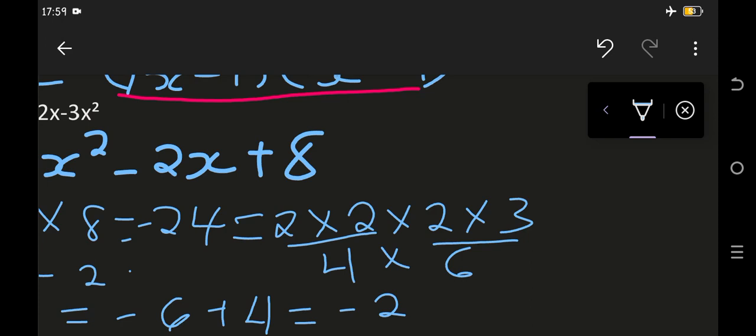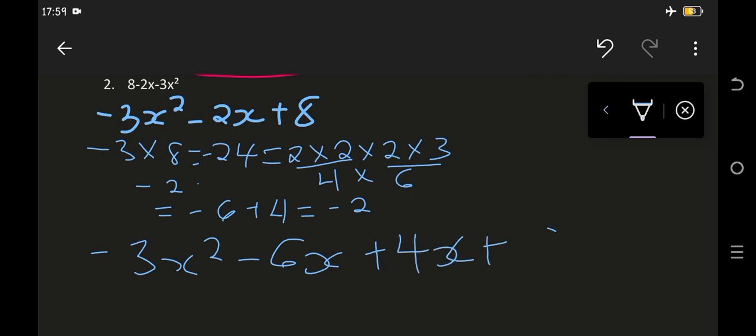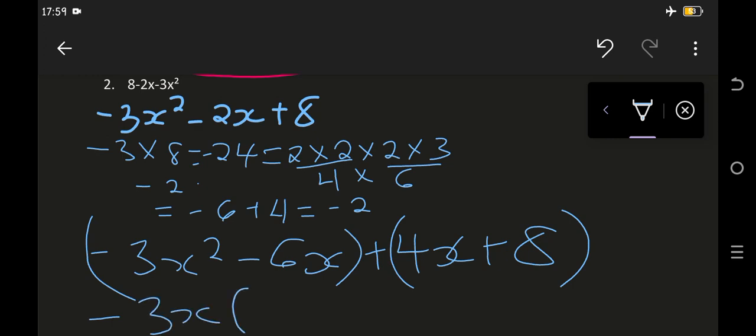Now that you have the factors, we are going to expand that to have negative 3x squared minus 6x plus 4x plus 8. Then you factorize them to get negative 3x into x plus 2.